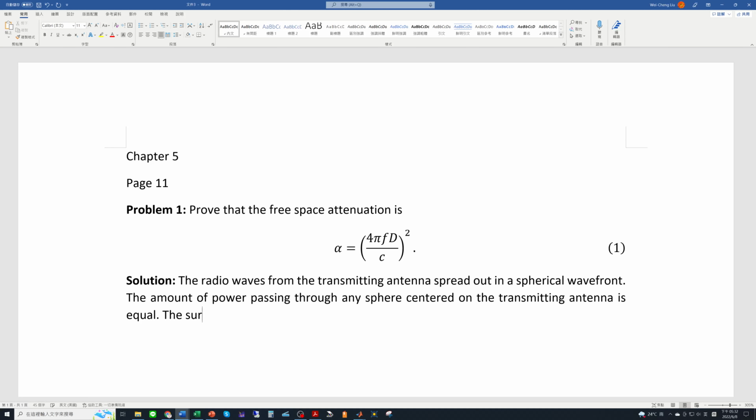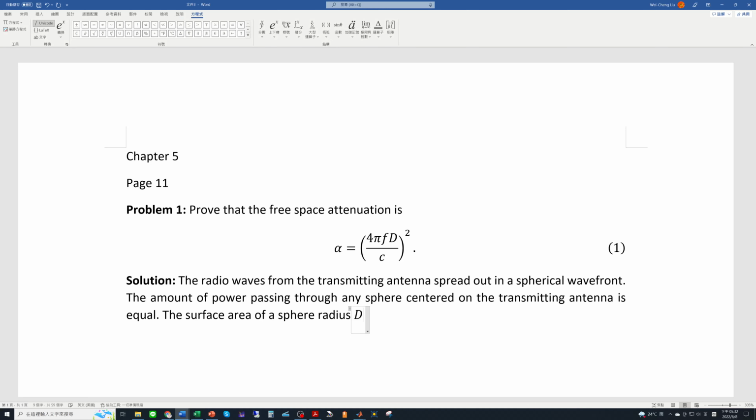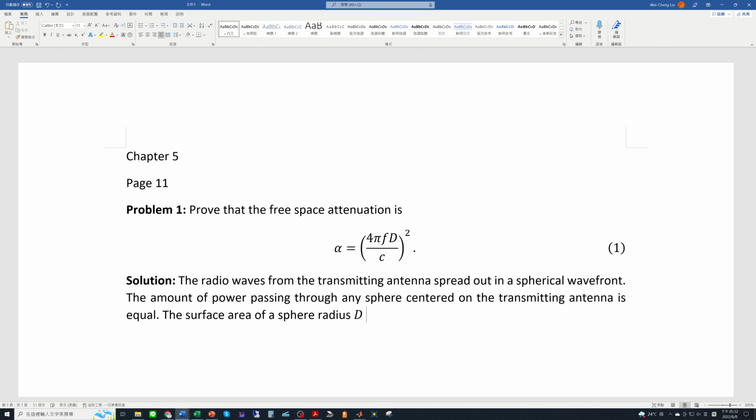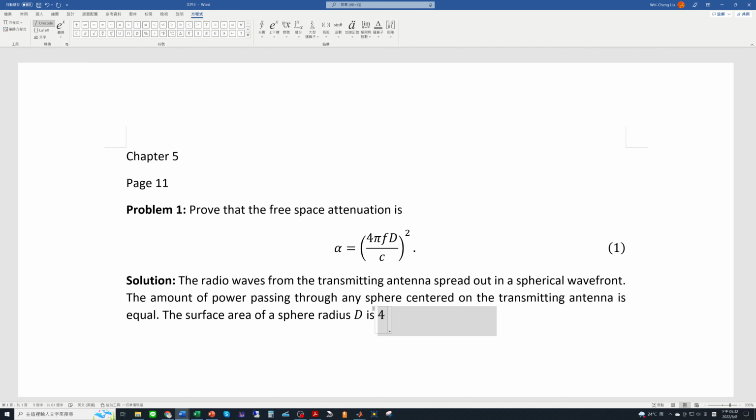The surface area of a sphere of radius d is 4 pi d squared.